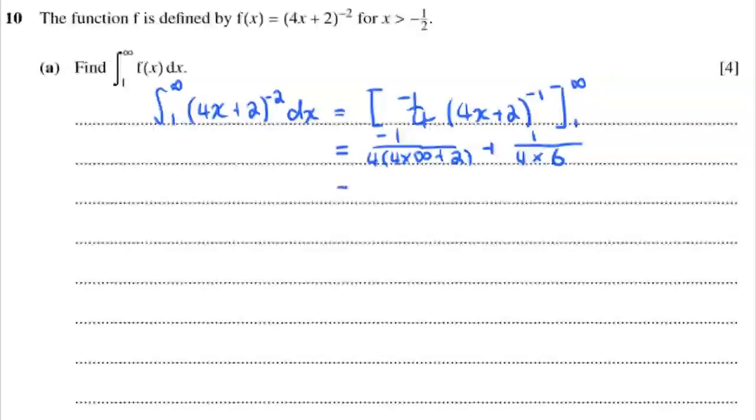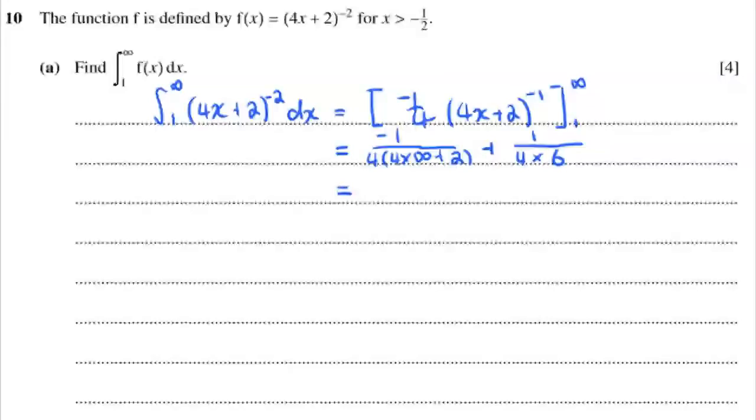Okay. So at this point, we look at the first fraction there and we go, you know what? The bottom is infinity. Because if you multiply infinity by 4, you get infinity. If you add 2, you're at infinity. Multiply by 4 again, you're at infinity. Infinity is not really a number. It's a concept. So we're dividing by infinity. And of course, anything divided by infinity results in 0.